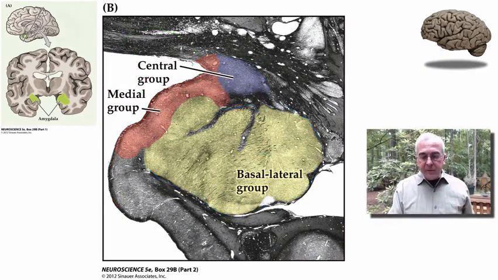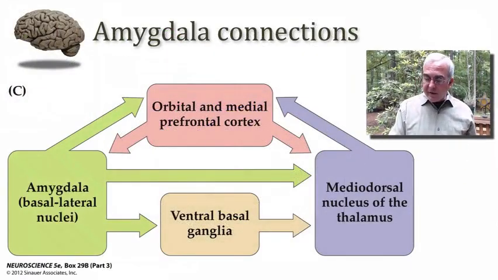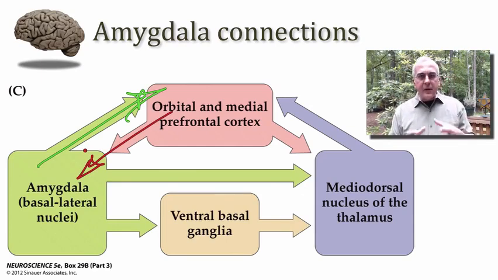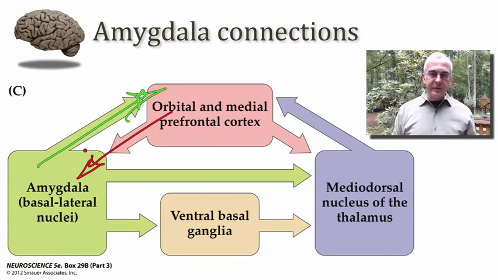This basolateral group of nuclei in the amygdala maintains extensive connections with the orbital and medial part of the prefrontal cortex. So there are strong bidirectional interactions between these two telencephalic regions that are so important in the experience and expression of emotion. But there are also less direct projections between the amygdala and this orbital and medial prefrontal cortex that run through the basal ganglia.